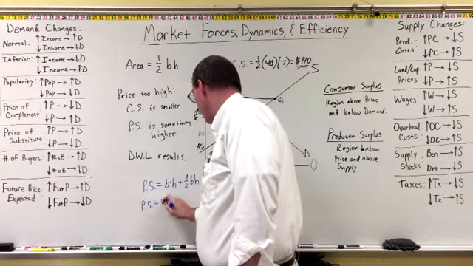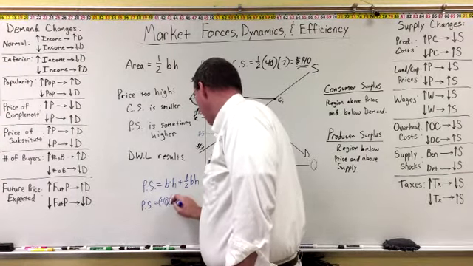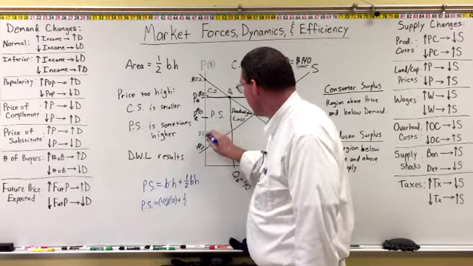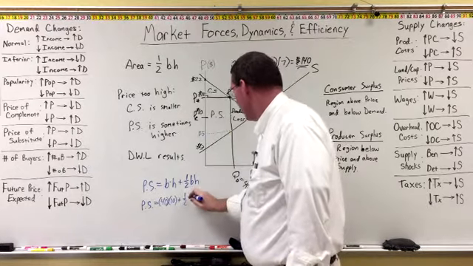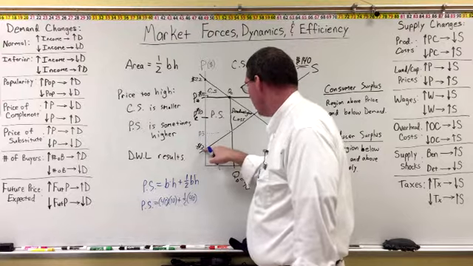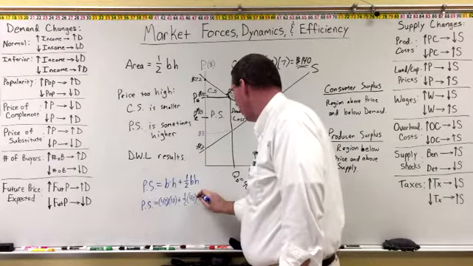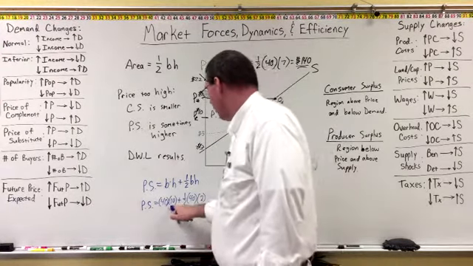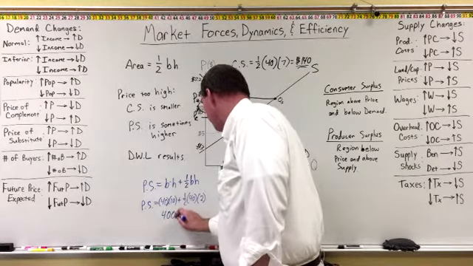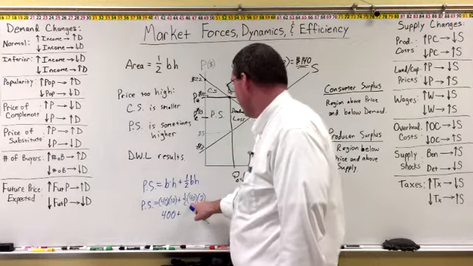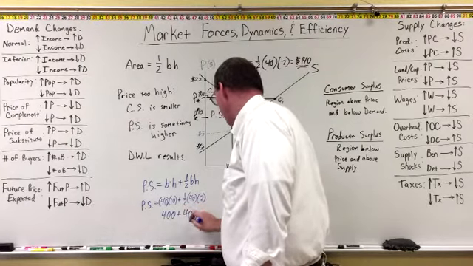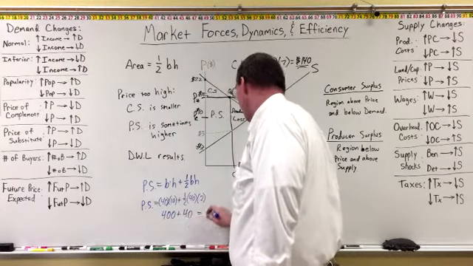So 40 times 10 is 400. Plus a triangle whose base is, again, 40, but the height goes from 3 up to 5, so the height is 2. 1/2 of 40 is 20, and 20 times 2 is 40. So producer surplus is 400 plus 40.